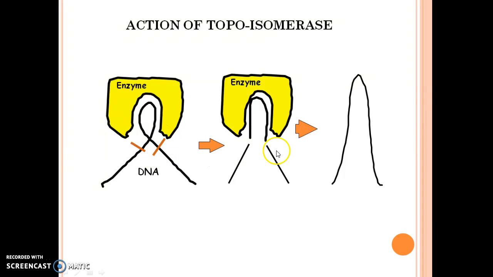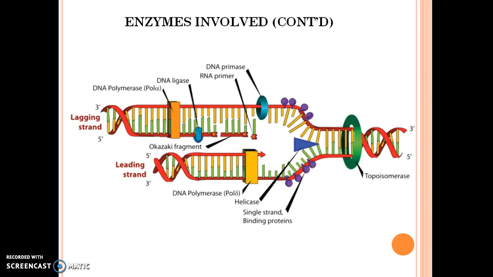This is what happens. So after creating a cut, it helps the DNA from having topological stress. So the supercoiling in the DNA molecule has now been relieved. That is the action of the topoisomerase enzyme, and it is a very essential enzyme in the process of replication.